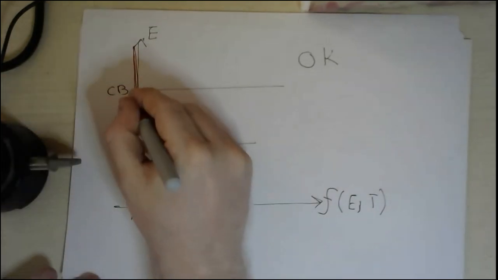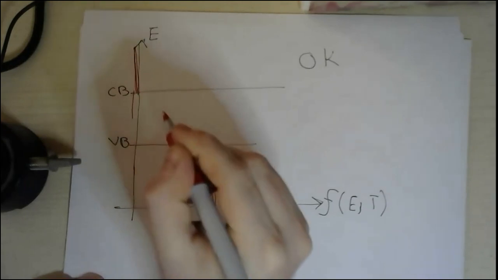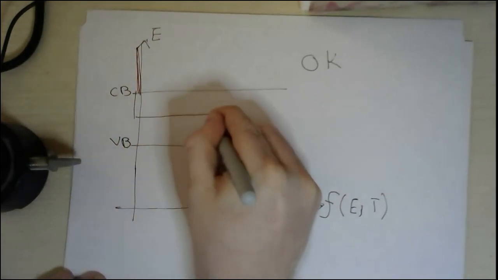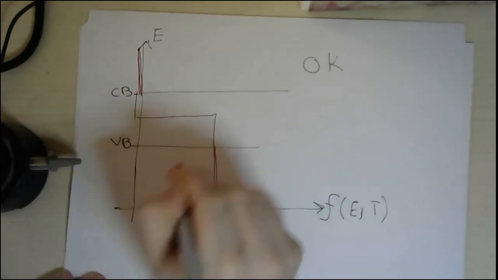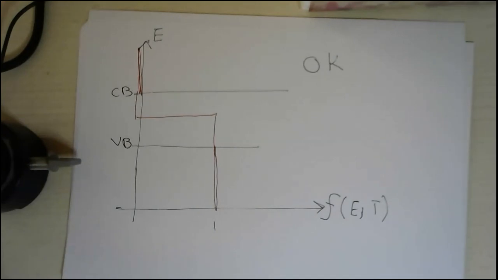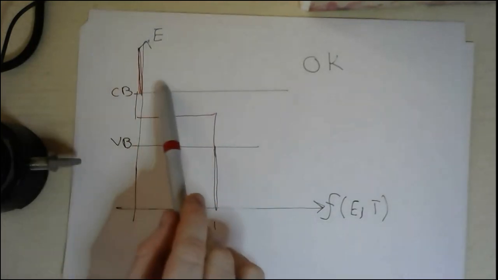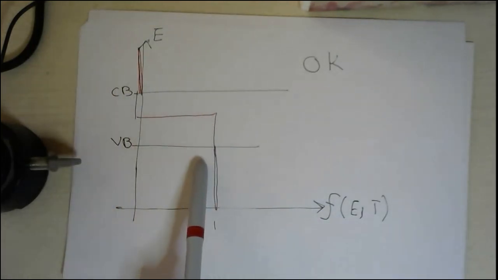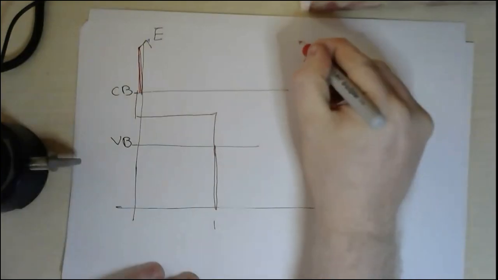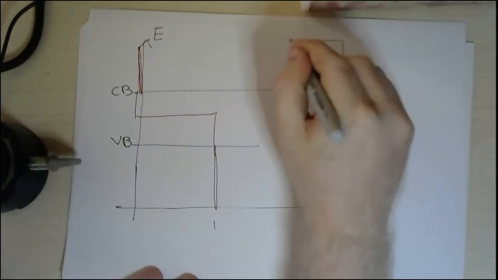So I will make a connection live. Here the probability is still 1, here the probability is 0, and then I make this connection in order to make the function continuous. This is when the temperature is 0 Kelvin.